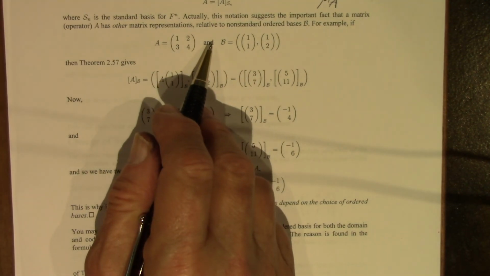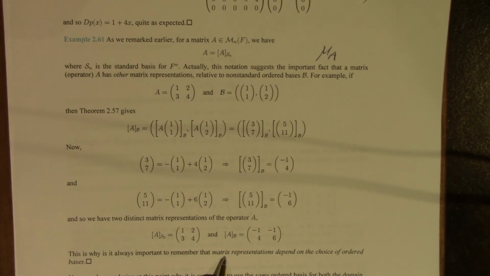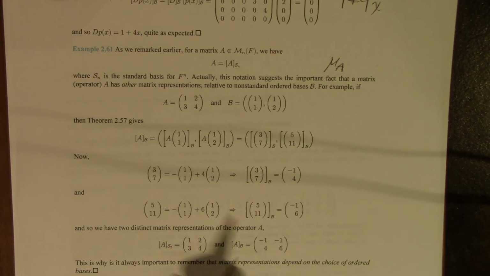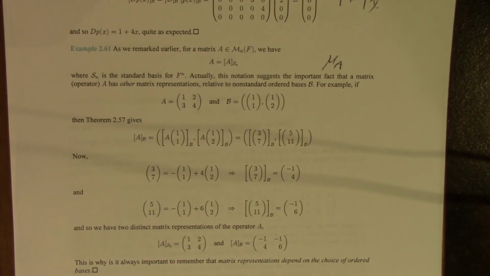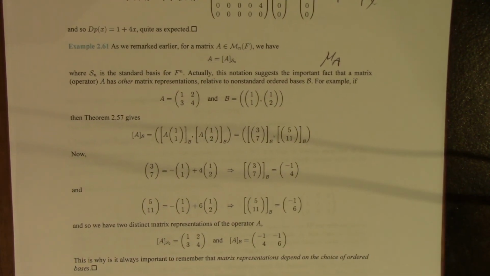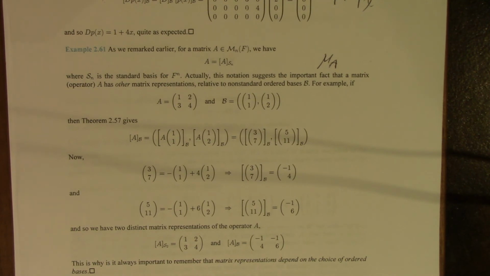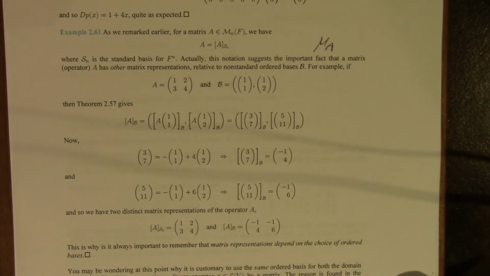I strongly suggest that if you are a little vague on this, you spend the time it takes to get it straightened out, because this is not something we're going to be doing, but understanding this will help you understand this whole concept of matrix representation of linear maps. And that is something we will be doing for the rest of the series.